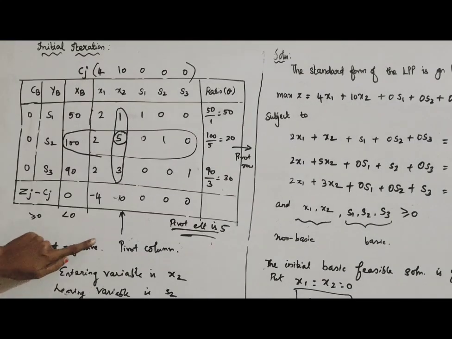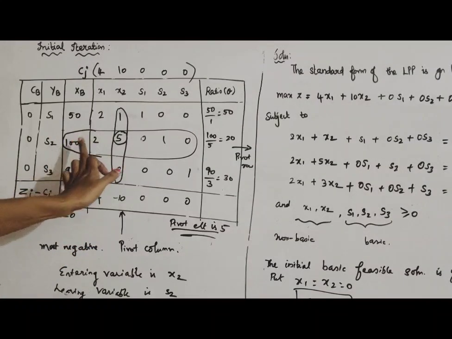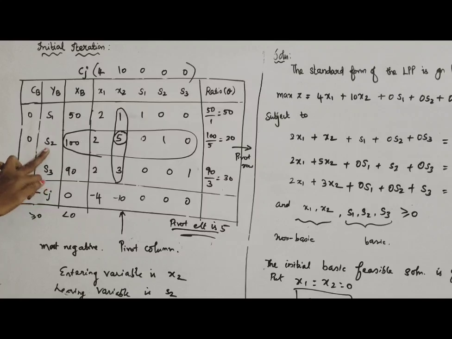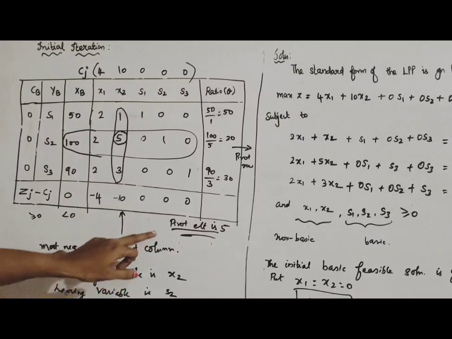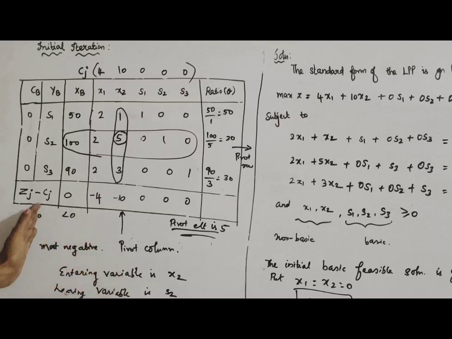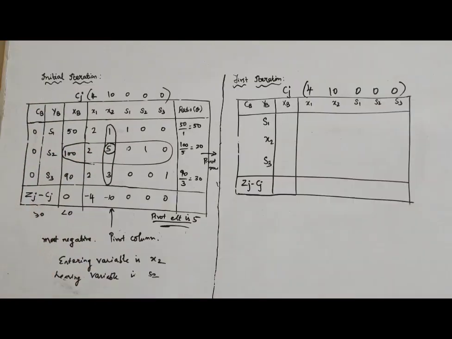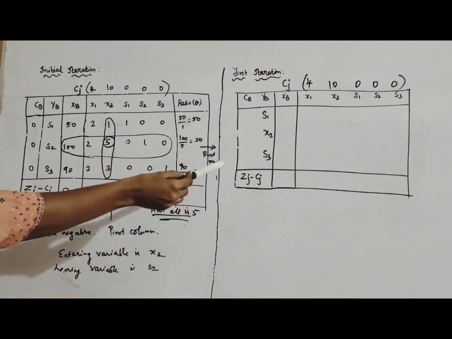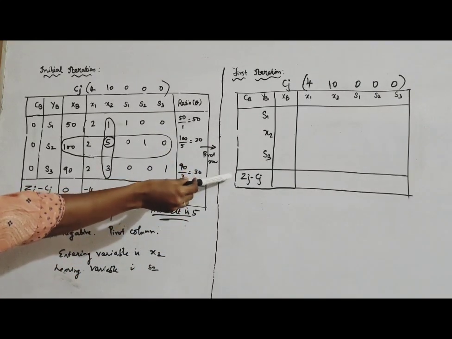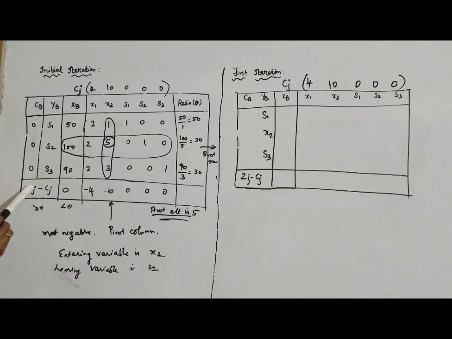Here the entering variable is x2, the leaving variable is s2 and the pivot element is 5. By using these three terms, you have to proceed on to the next iteration table. You have to find the first iteration table, which can be calculated by using the initial iteration table.